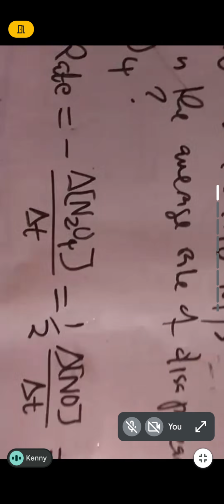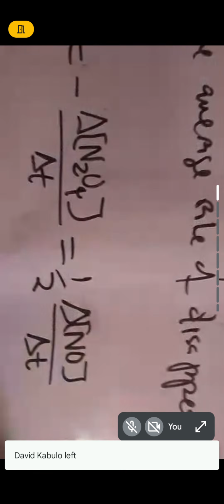So our concern is only about these two, and we don't have to worry about oxygen. In this case, we want to calculate the average rate of disappearance.